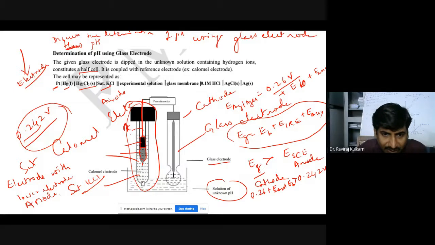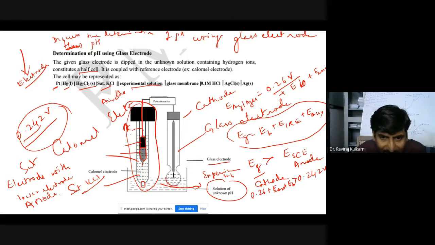So this saturated KCl, through the salt bridge. Here a microporous plug is used as the salt bridge. So we write a double vertical line for the salt bridge. Through the salt bridge, it is in contact with the experimental solution, the unknown solution. This experimental solution is in contact with what?